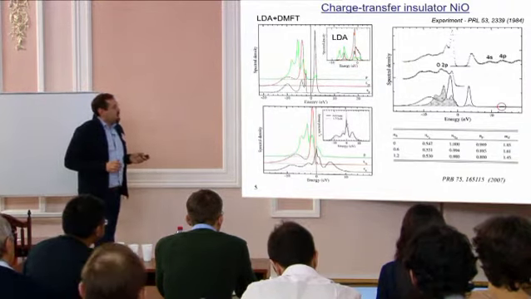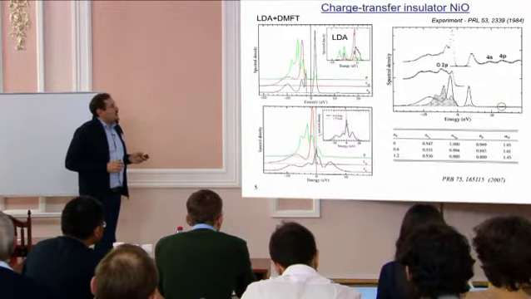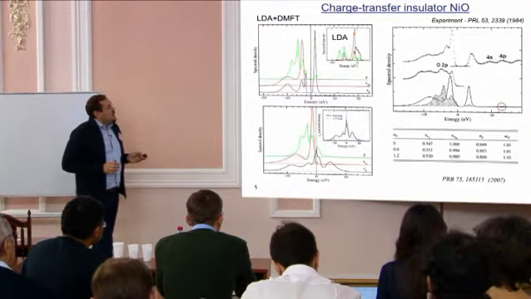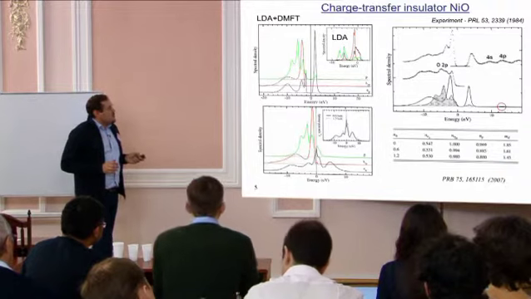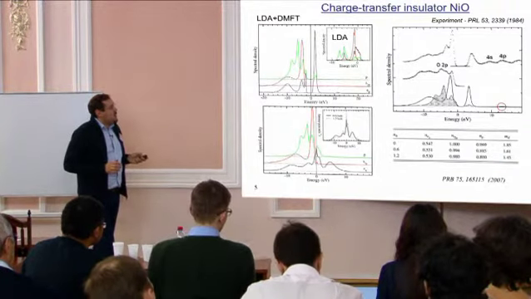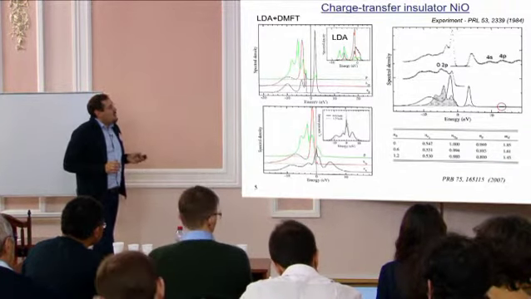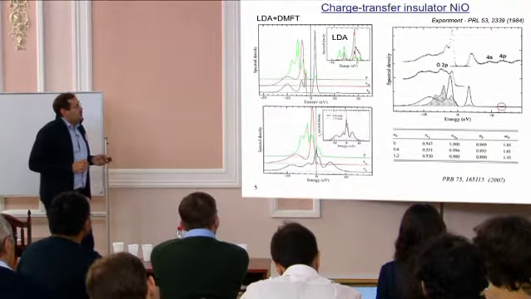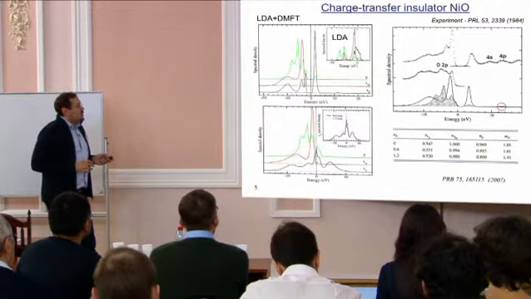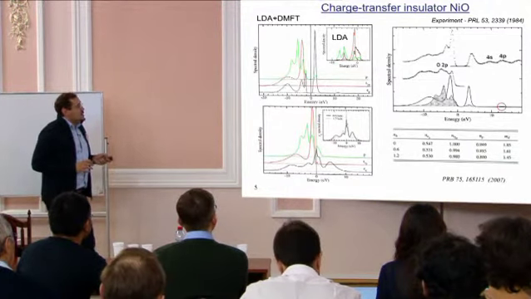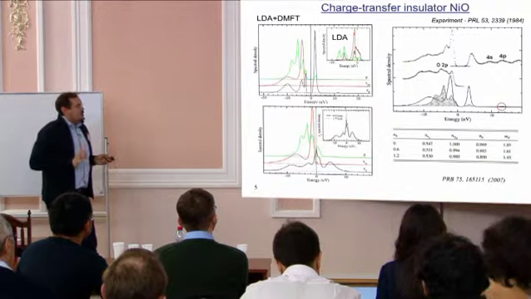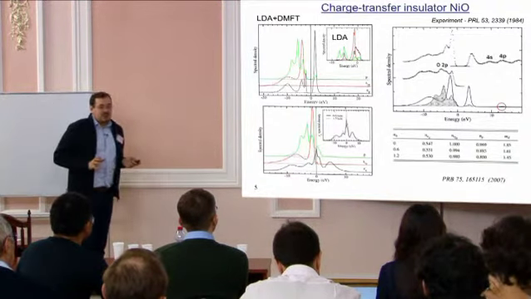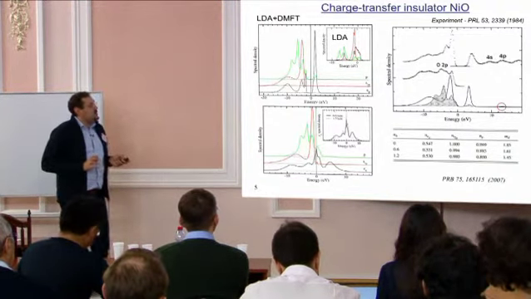But the valence band has a mixture of T2G and EG states, and the main result here was that the upper part of this valence band is formed by a mixture of EG states and oxygen 2p states. And that's actually what is seen in the experiments.